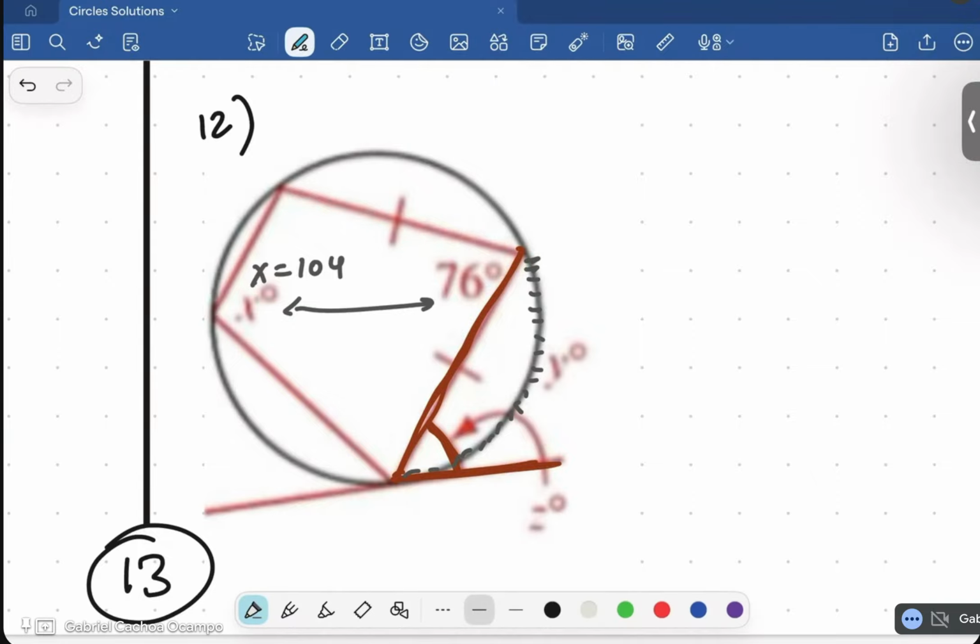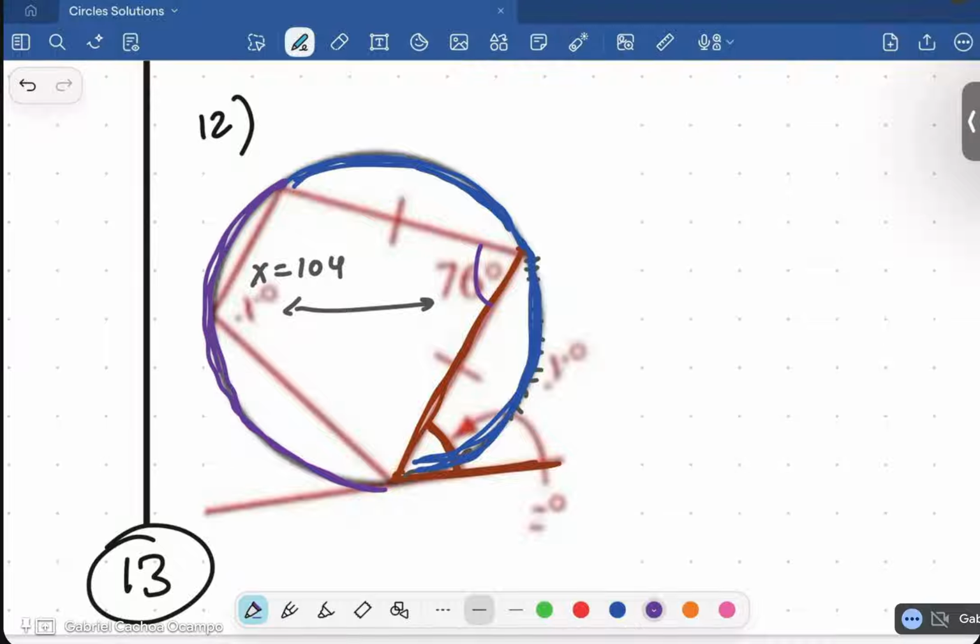So because they are congruent chords, this arc is the same as this arc. Okay, what other information do we have? Well, I know that this one is 76. So that means that this arc is 76 times 2. Yeah, 153, so this is 153.